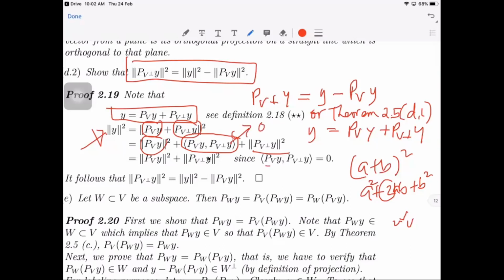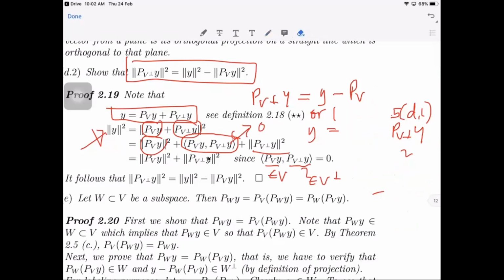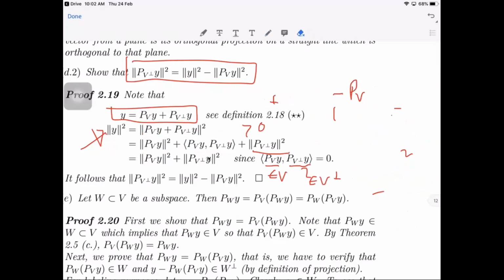Why? Because this is an element of V and this is an element of V perp, so they are vectors which are orthogonal to each other. So the inner product is 0. What remains is this one, and the result follows.